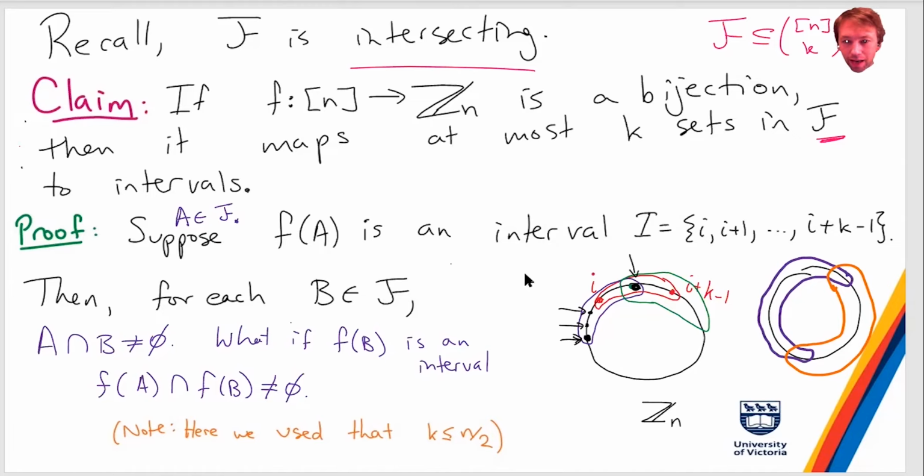And there's only k possible starting points. Okay, so this is maybe not the most formal proof, but is this more or less clear? Basically, if I just look at the furthest over interval, every interval which is the image of a set in our collection must start at one of the points of that interval. And there's only k of them, so only k of them can map to intervals.